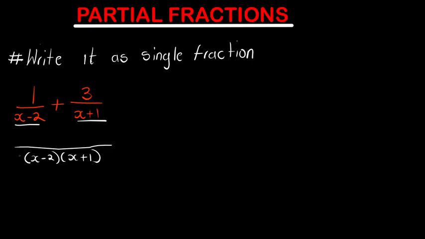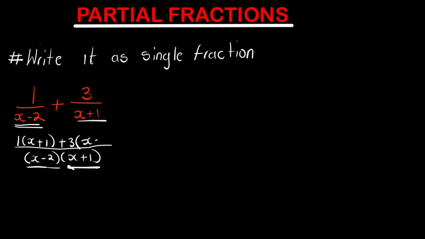So that is the common denominator. Then x minus 2 into the denominator. When you divide, x minus 2 and x minus 2 will cancel, and you remain with the other side, meaning x plus 1 times 1, which is x plus 1, then plus 3 times. When you divide with the other side, this part cancels and you remain with x minus 2.